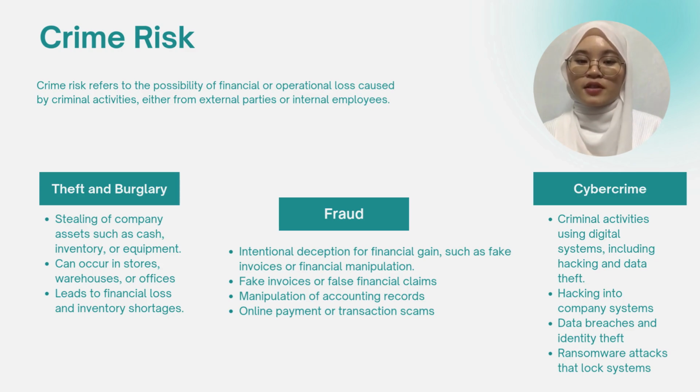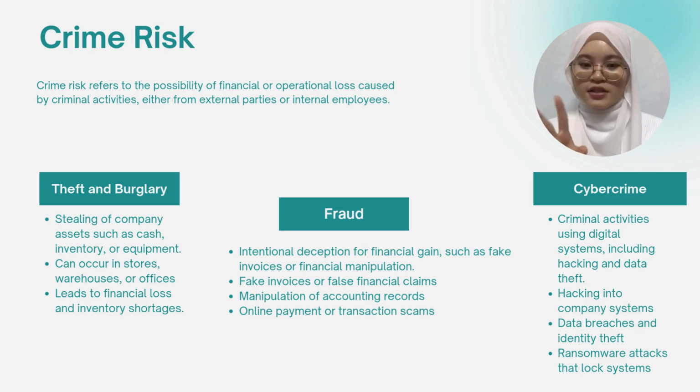So there are some common types of crime risk. The first one is theft and burglary that involves the stealing of physical assets such as cash, inventory, equipment, or company property. For example, a retail store may suffer losses if inventory is stolen from the warehouse.